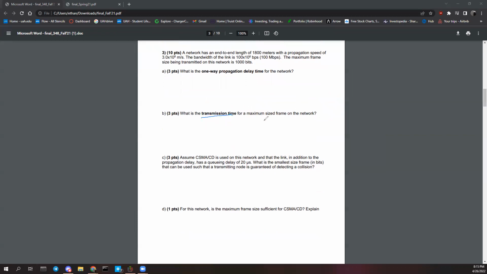What is the transmission time for a maximum size frame on the network? A maximum size frame was described to be 1,000 bits, and then we have the bandwidth of 100 megabits. What does that mean? Well, we take 1,000 bits, keep your units straight, divided by the bandwidth, which is 100 times 10 to the 6th megabits per second.